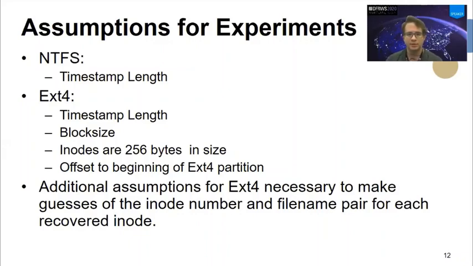The reason we need these additional assumptions for ext4 is that our ext4 file system parser tries to guess what the inode number and file name pair is for each of the inodes it finds. This is why we have the inode number attribute inside each inode, so we can compare our guesses to the ground truth. Unfortunately, we don't have time to go over the method and how we made these guesses. Maybe we can take it in the questions.